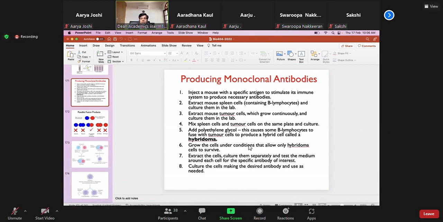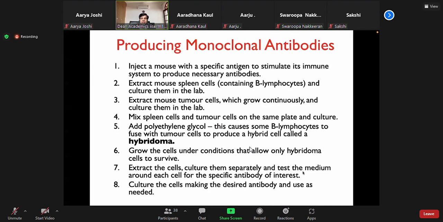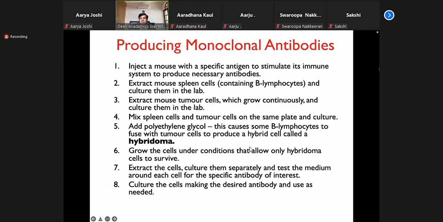So we were talking about monoclonal antibodies, and the procedure involves injection of an antigen into a mouse. The mouse is going to generate an immune response, so essentially that means generation of antibody producing cells.